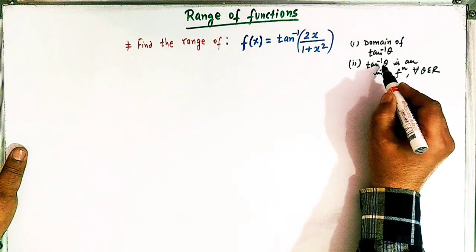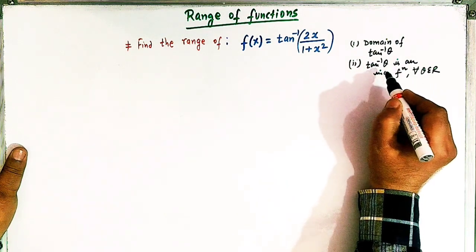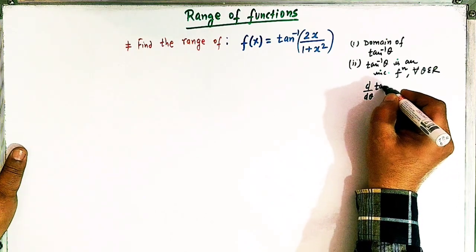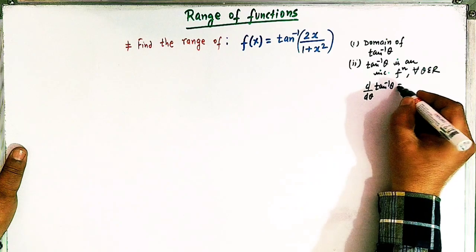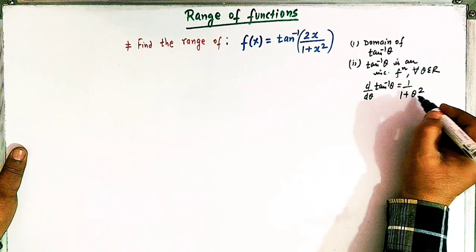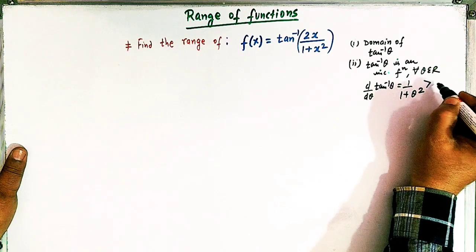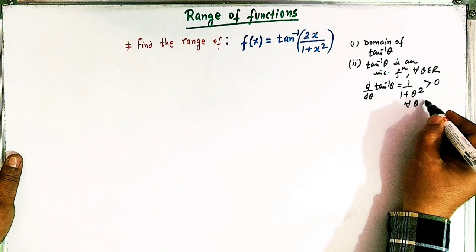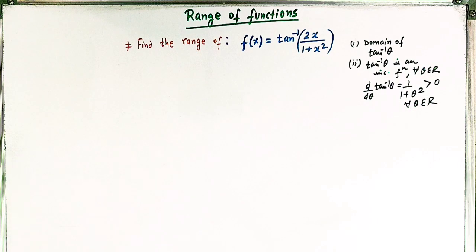Because if we find the derivative of tan inverse theta, we get 1 over 1 plus theta square, and this is always greater than 0 for all values of theta belonging to the set of real numbers.